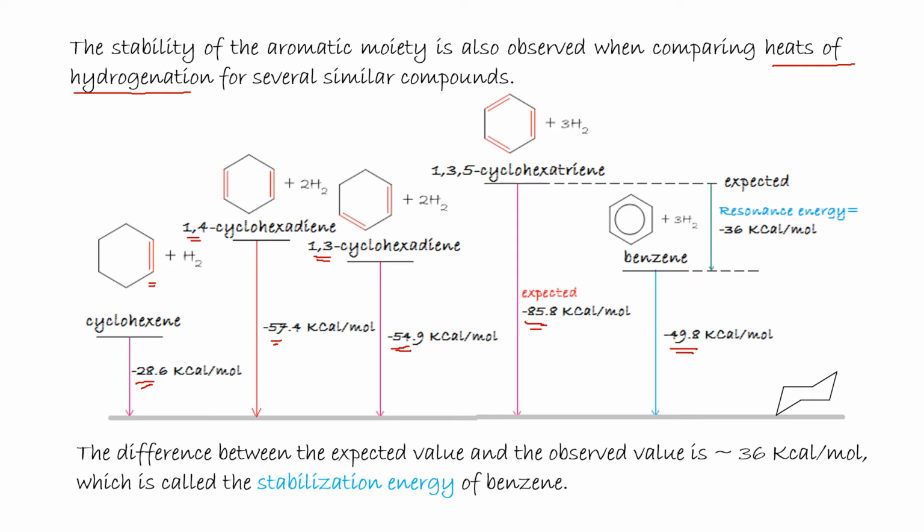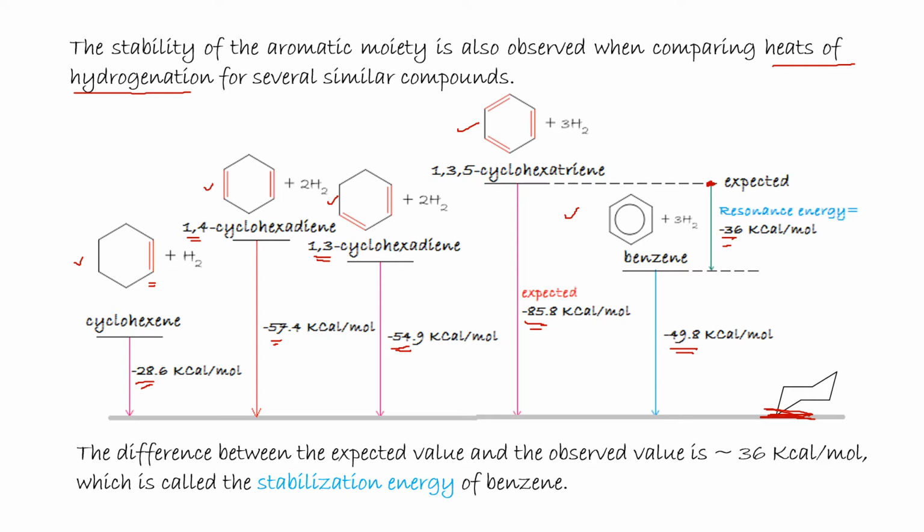This means that benzene is more stable than the proposed cyclohexatriene by about 36 kilocalorie per mole. We call that stabilization energy or resonance energy. As you can see, all these compounds, when reduced, gave the same compound, cyclohexane. Okay? So, the unusual stability of the aromatic compound benzene.